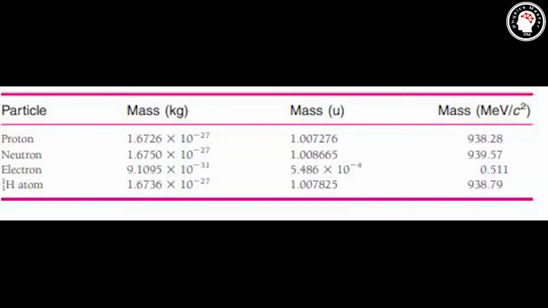So this was all about atomic masses. Now you can see on your screen some masses in various units. For example, mass of proton is 1.6726 times 10 raised to power minus 27 in kilogram unit, 1.00726 in atomic mass unit, and 938.28 in mega electron volt per c square.